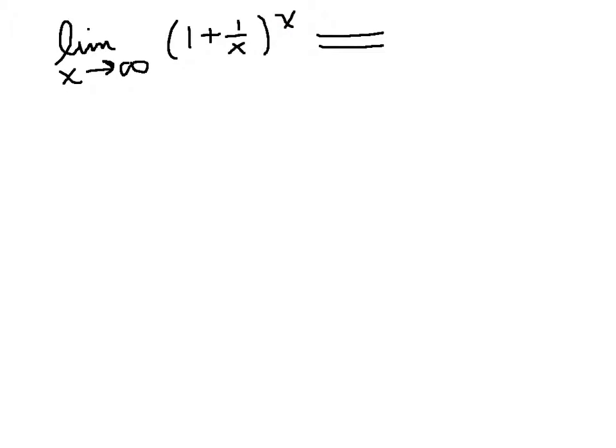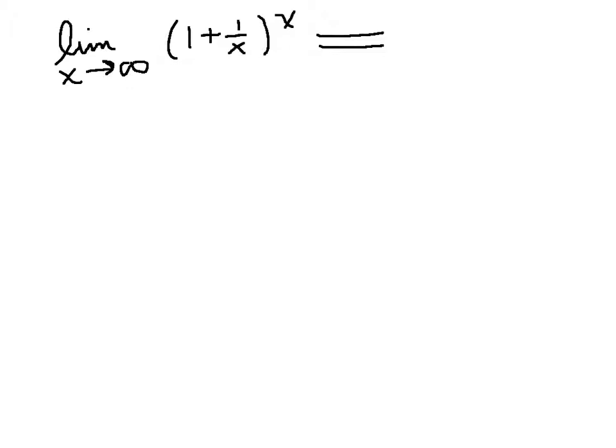Well, that's just 1. So we have what I refer to as a dynamic tension. What's going to win? The fact that this is just a little bit more than 1, and this is huge, or the fact that this is going to 0, this whole thing is going to 1, and when you raise 1 to a big power, you get 1. So what wins, 1 or infinity or something in between?